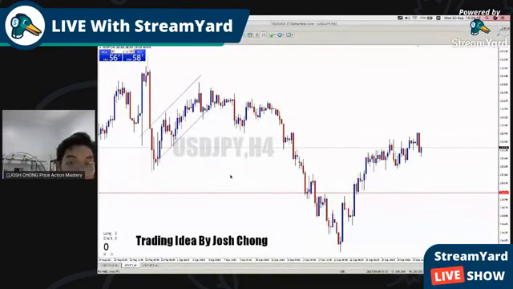If you think this is a downtrend, please type D. How many of you think that this is an uptrend? How many of you think that this is a downtrend?